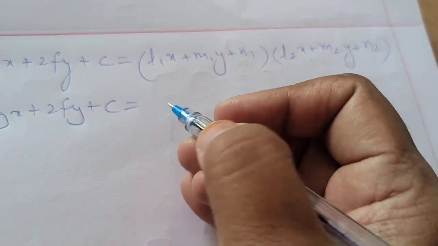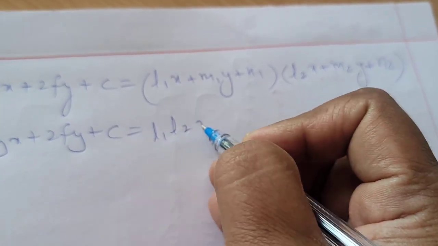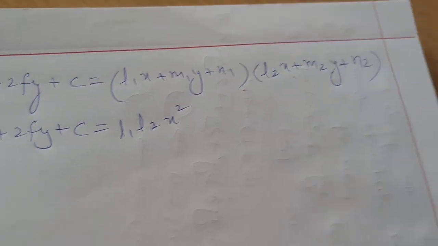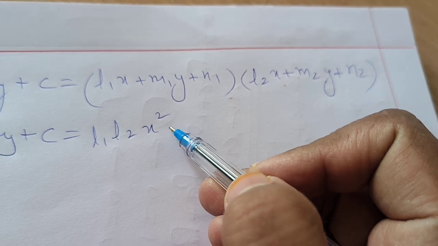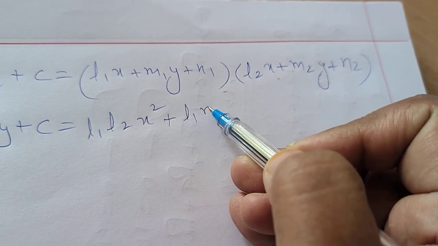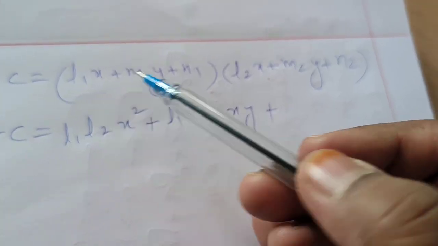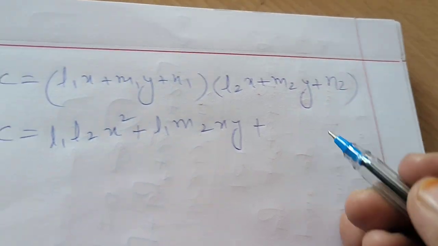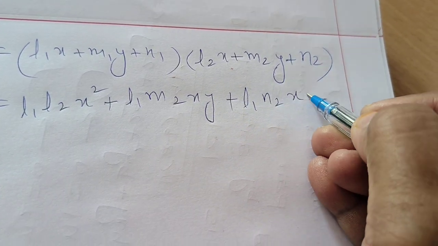This is equal to L1 into L2, x into x becomes x square. So here we will write L1 L2 x square. Now L1x is multiplied by M2, so here we will write L1 M2 xy plus L1x is multiplied by N2, so this becomes L1 N2 x.